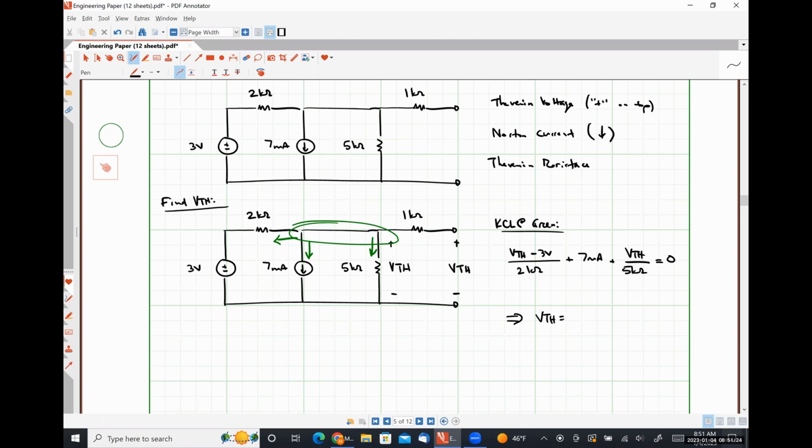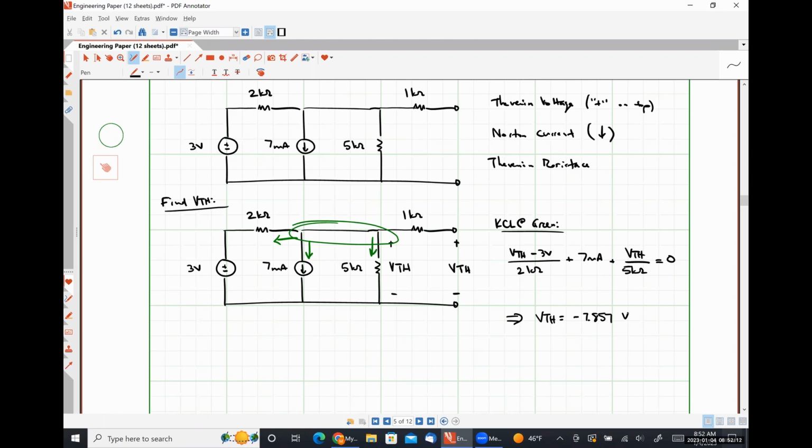(X minus 3) over 2000 plus 0.007 plus X over 5000 equal to 0. Solve. I got negative 7.857 volts.